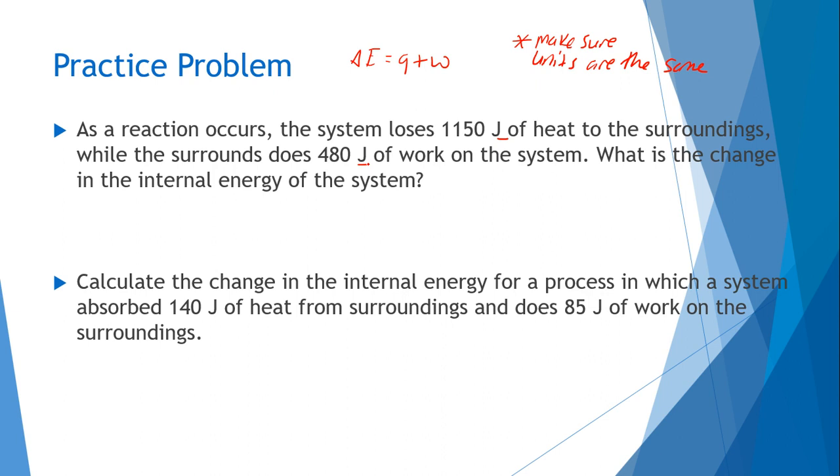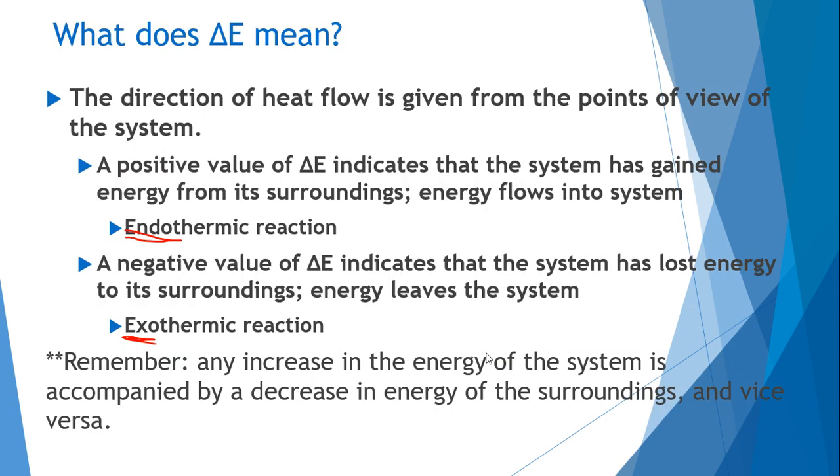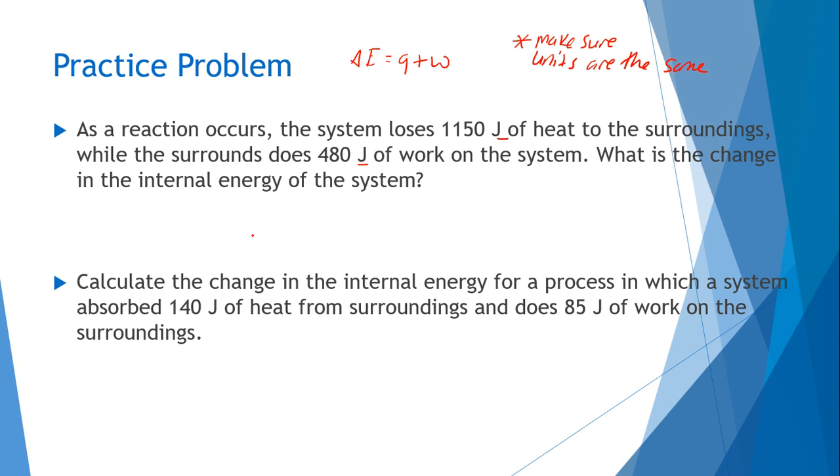So when we look at this, we have to read it. The system loses heat. If we see losing heat, that gives a negative value. So if my system is losing heat, that is a negative 1,150. And then it says the surroundings does work on the system.